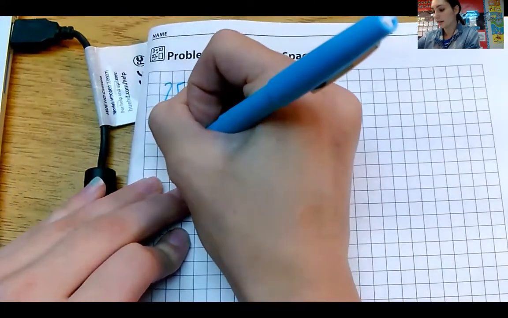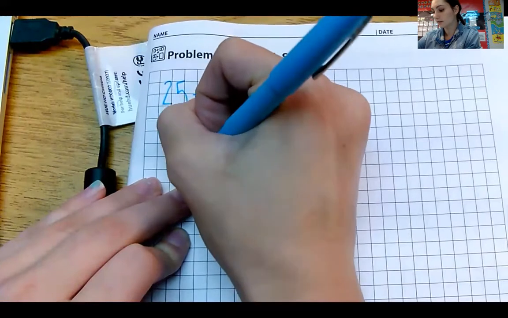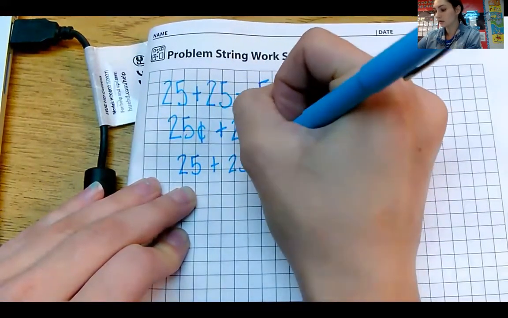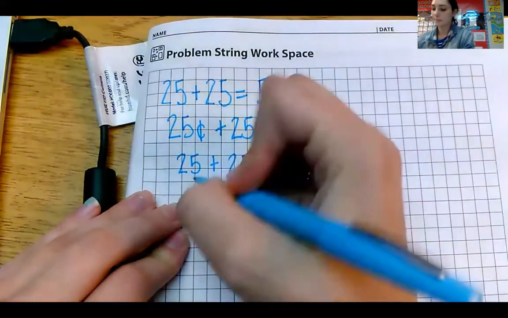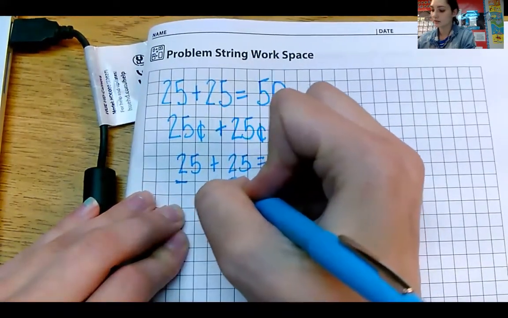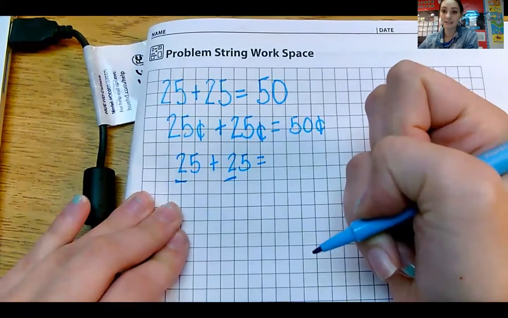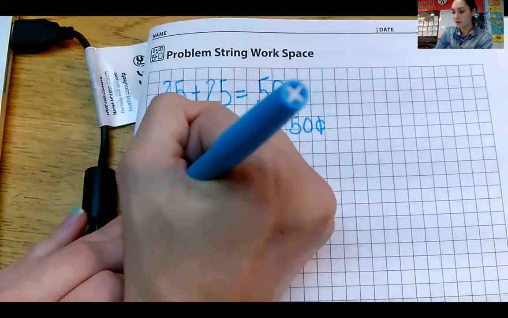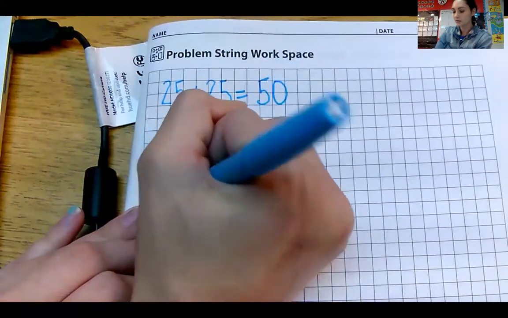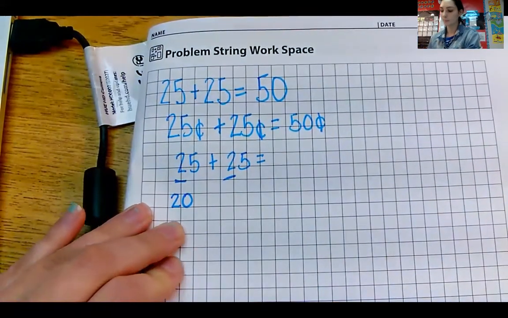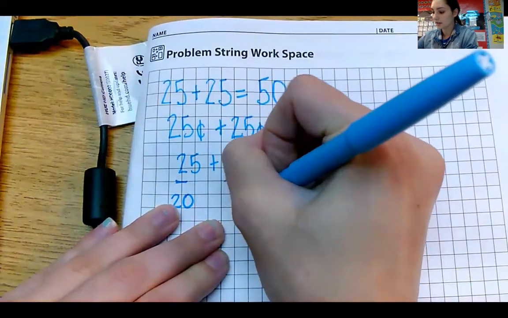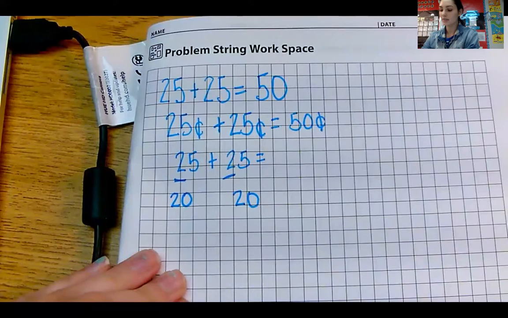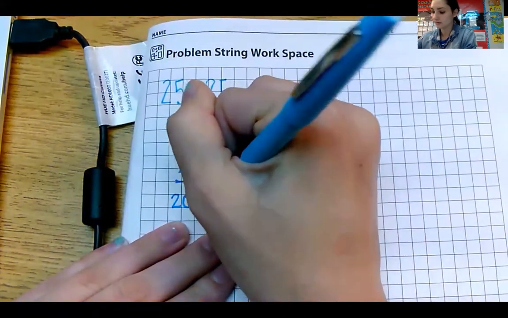So if I have 25 plus 25, okay, I'm going to look at my 2's right here. And they are in the tens space. So the 2 actually represents 20. So I have a 20 there, and I have a 20 here. Okay, that equals 40.